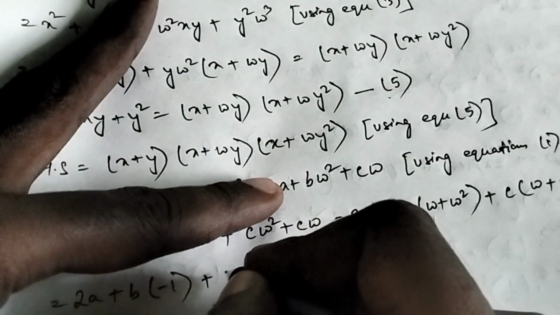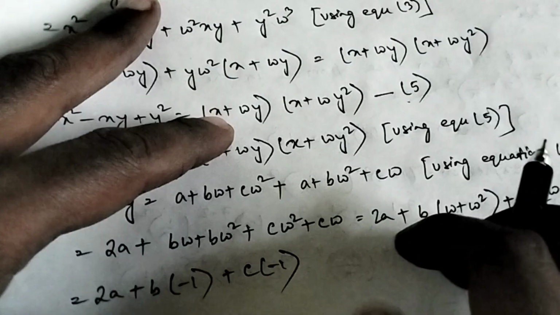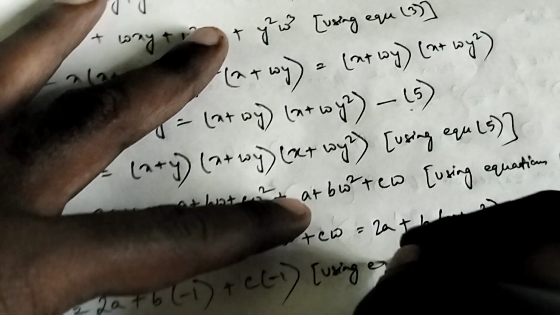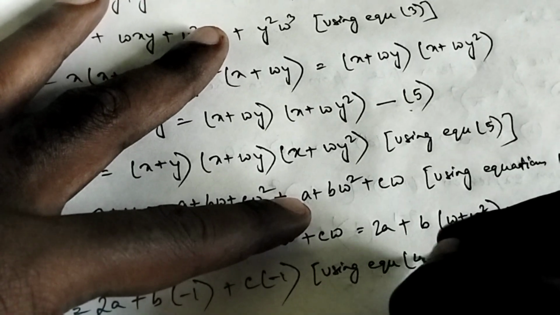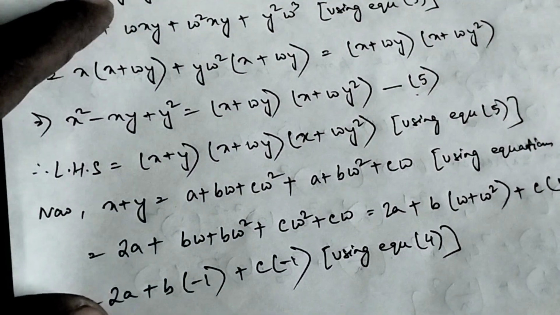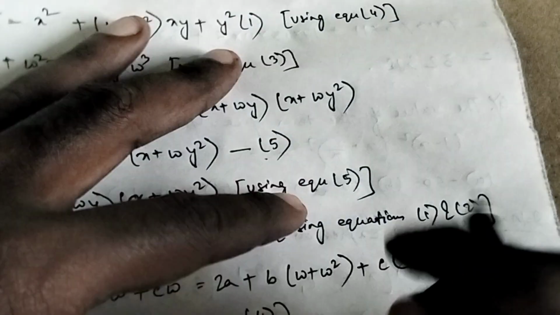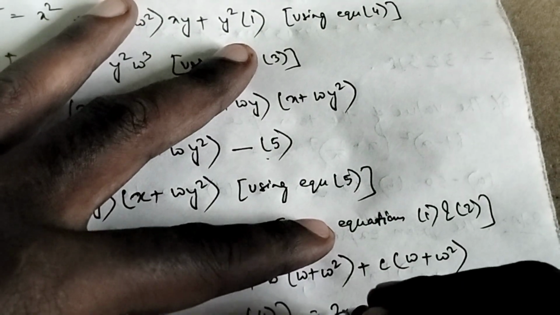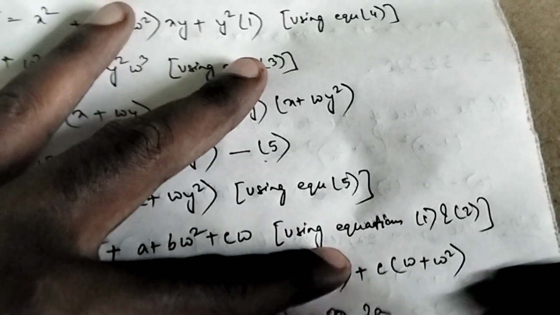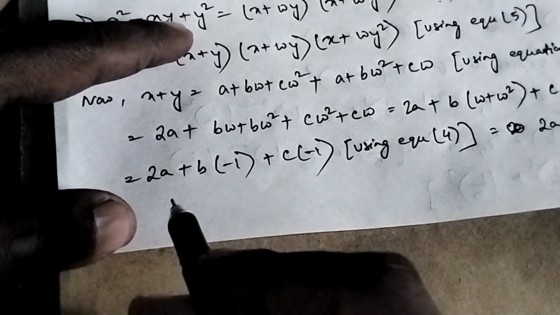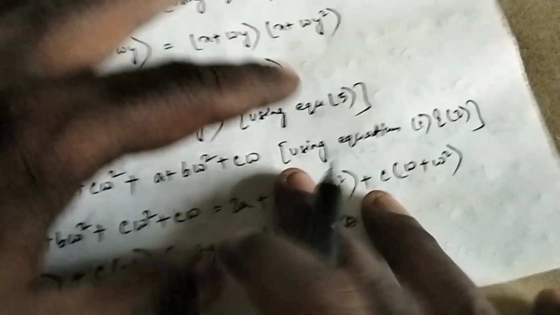Same case over here, c into -1, because omega plus omega square is equal to -1. Here you have to write using equation 4. Okay, so it will be 2a minus b minus c.